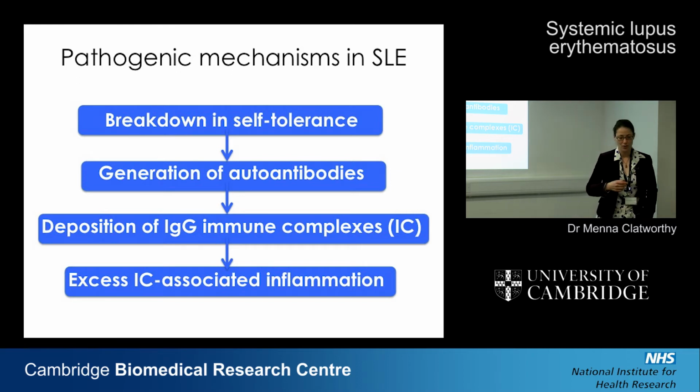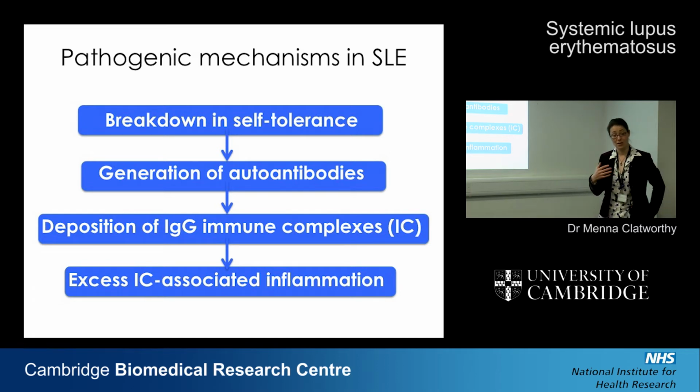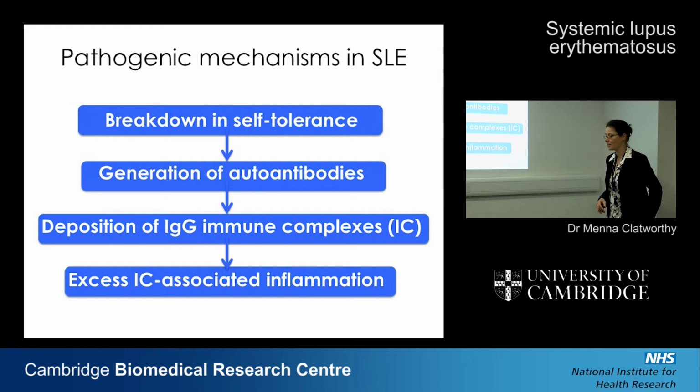So the idea was proposed 50, 60 years ago, that our immune system has developed such that it doesn't recognize our own antigens, our own proteins. And clearly in this disease, these individuals are not tolerant, which is what that term means, not recognizing your own proteins. So this leads to the generation of autoantibodies, which we can see.